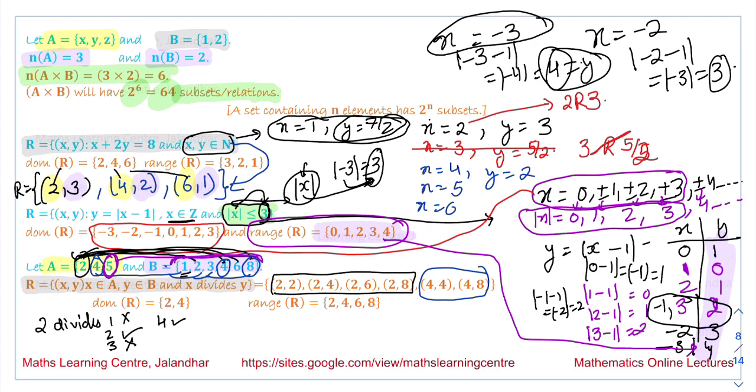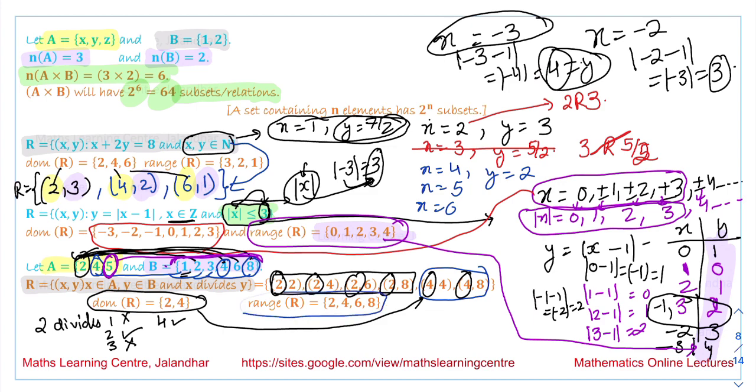So what we get is that the domain of this relation R, the first elements, are 2, 2, 2, next 4 and 4, so the domain has elements 2 and 4. The range has the elements 2, 4, 6, 8, where 4 and 8 are repeated. So the range of this relation R is 2, 4, 6 and 8.